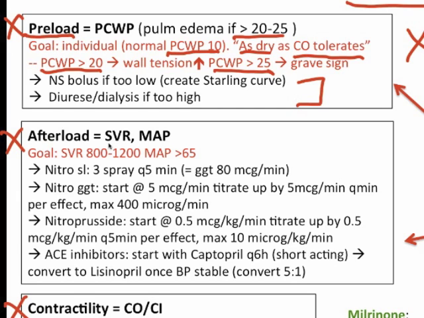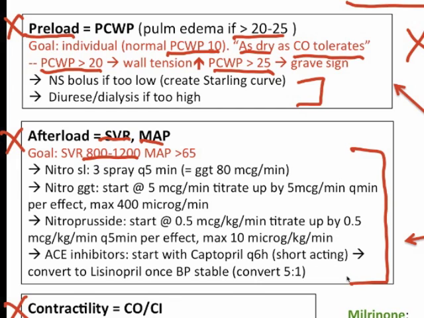You measure the systemic vascular resistance and the blood pressure in the cardiac ICU. Your resistance, you can calculate that using sophisticated measures of a Swan-Ganz catheter, and it's about 800 to 1,200. That's your goal.